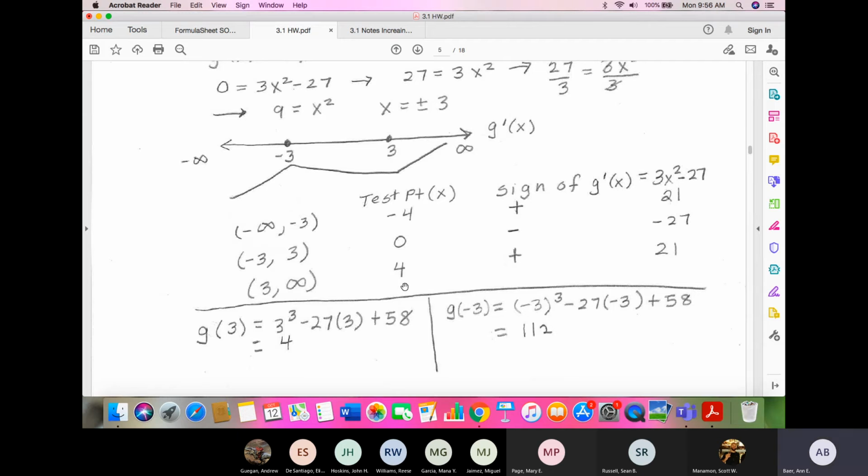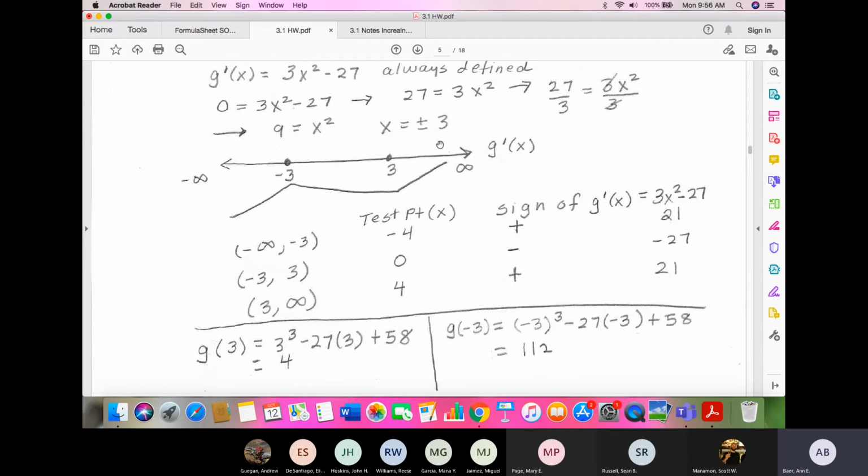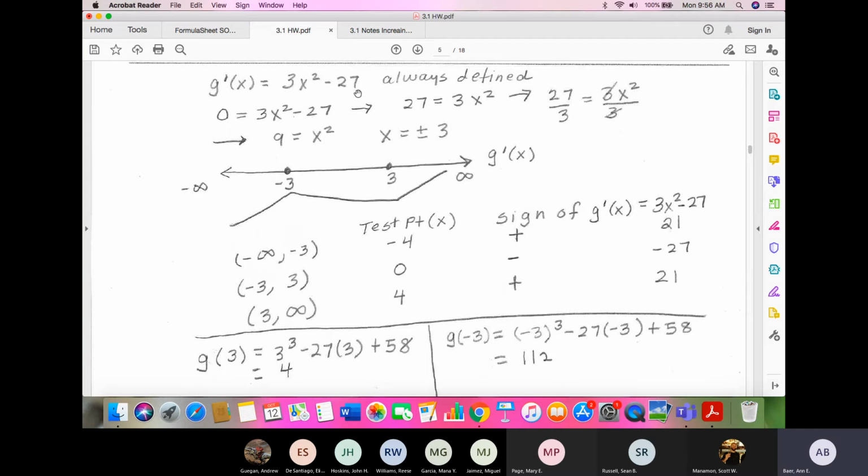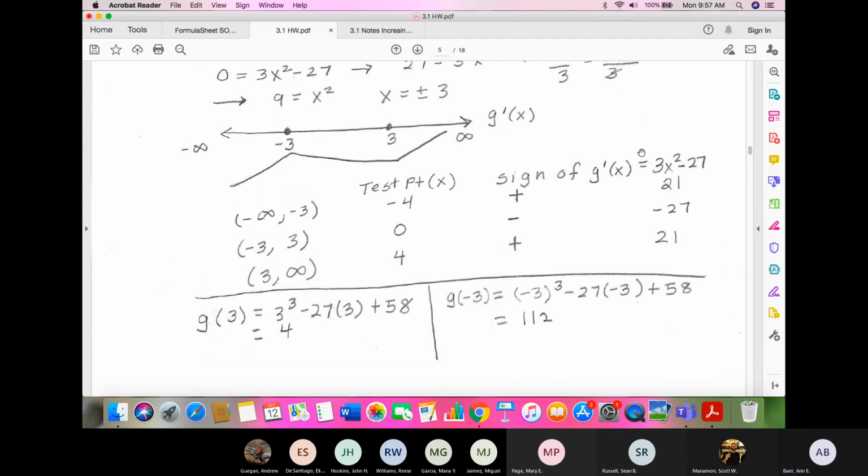And then we want to figure out the sign of our first derivative. Our first derivative is 3x squared minus 27. So I just copied that down. We're going to first put in -4 here.